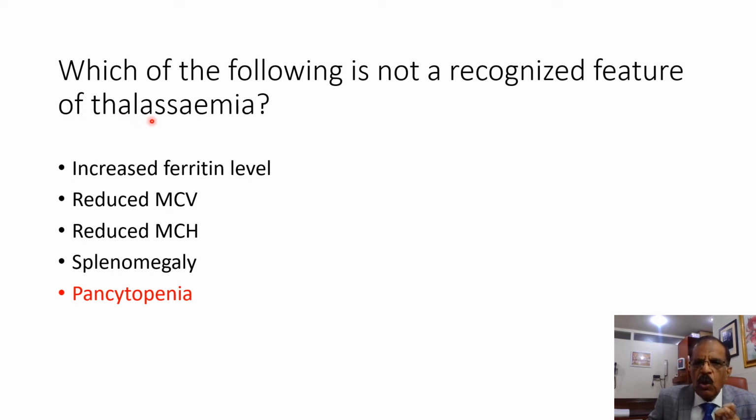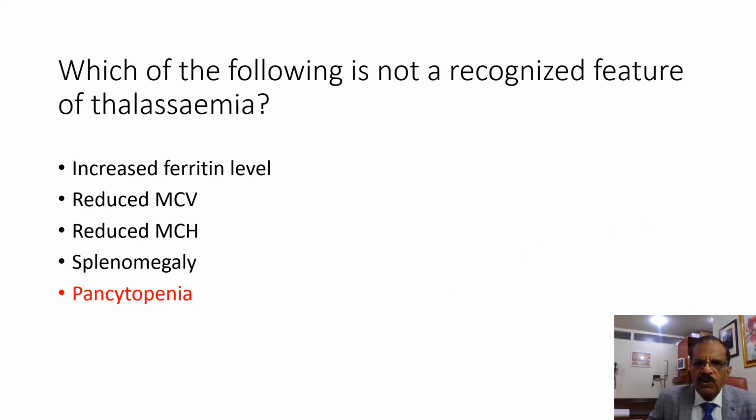It does not have any effect on the rest of the RBCs, and it should not have any effect on other bone marrow cells and the platelets. So there is no reason in thalassaemia for platelets to be reduced or WBC to be reduced. So there should be no pancytopenia. This one does not fit in the diagnosis of thalassaemia.